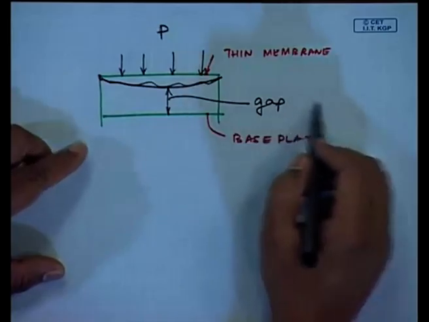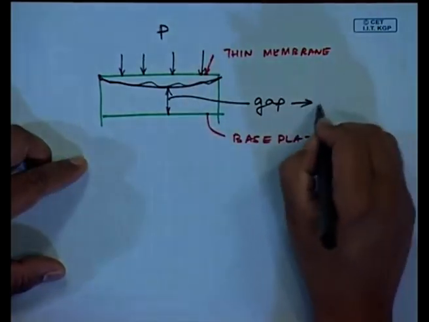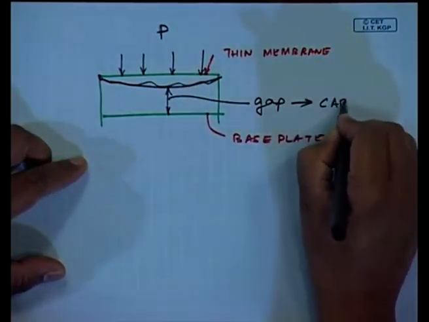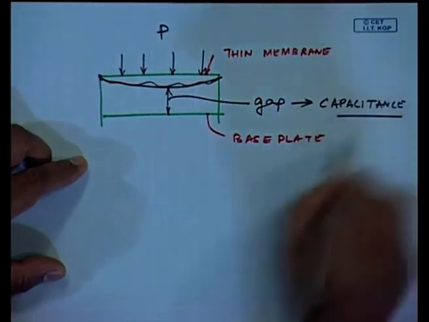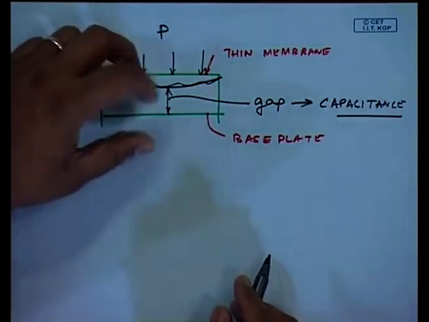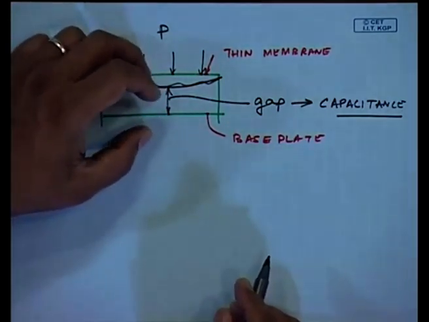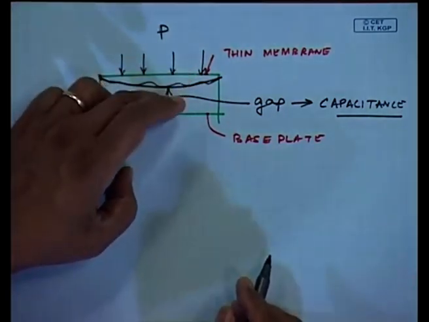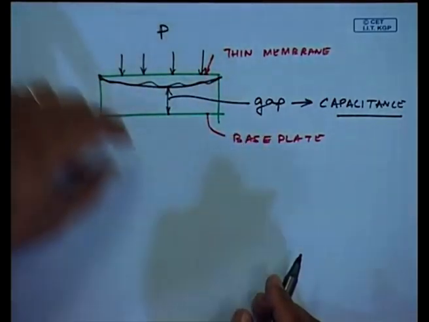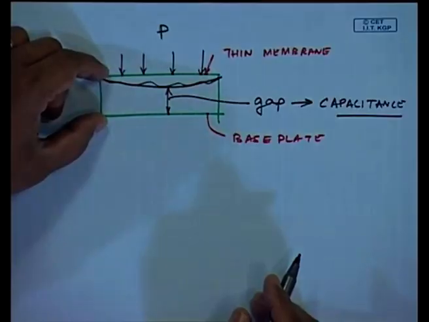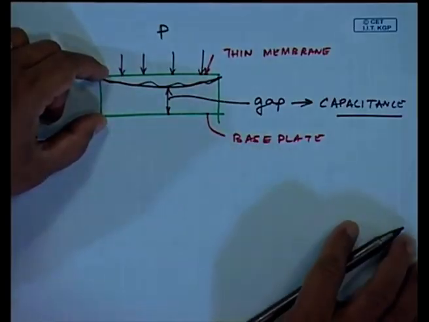Because this gap has changed, its capacitance has changed. So, by sensing the change in the capacitance, because the capacitance has changed, the charge produced will be changed, because these plates are maintained at a particular voltage.